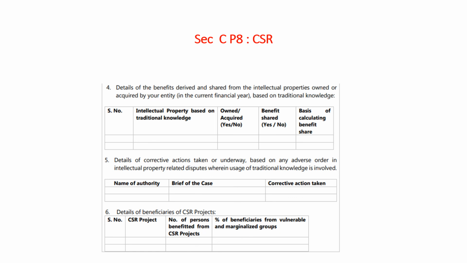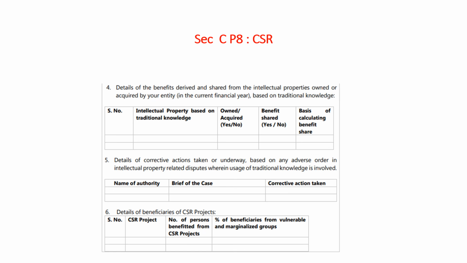This is about the benefits received, derived and shared from intellectual properties owned or acquired by your entity. Basically what they are asking here is to provide details whether you have fairly used the traditional knowledge and have not gone on to take it as your intellectual property, right? Okay, so that is the question here.